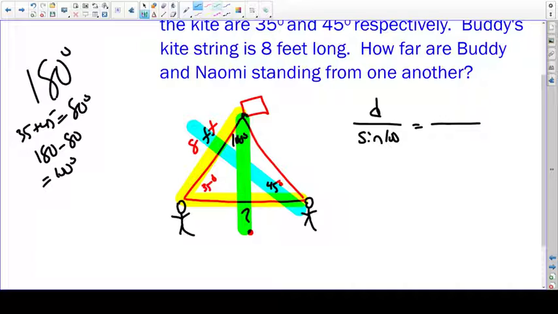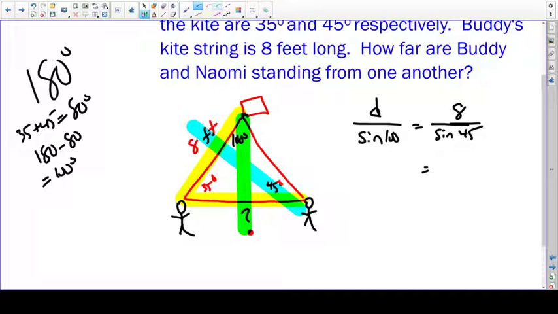So up top will be the distance, that's 45. Oopsies, I can't write. Don't listen to me. It's not 45. It's 8. And on the bottom, it's the sine of the angle, which is your 45 degrees. Sorry about that mistake.